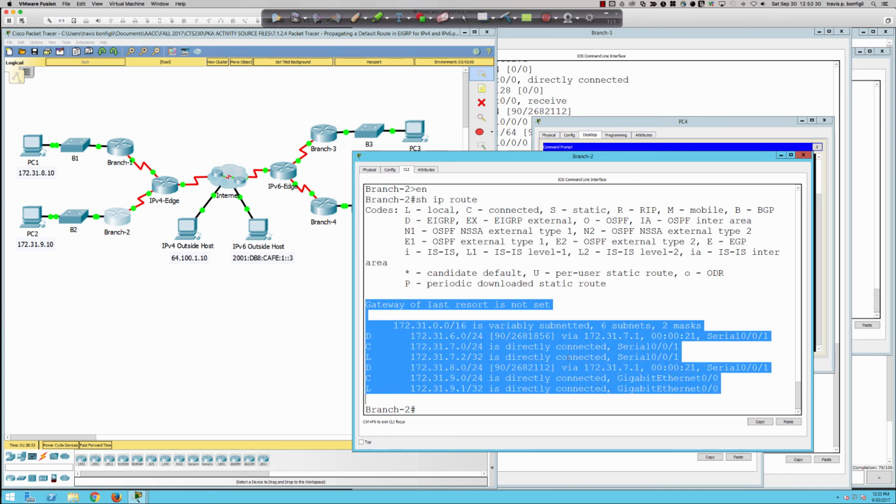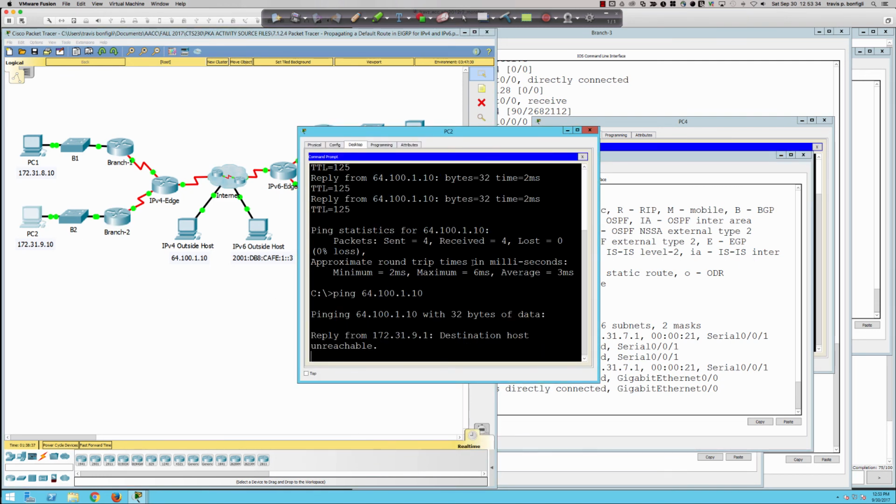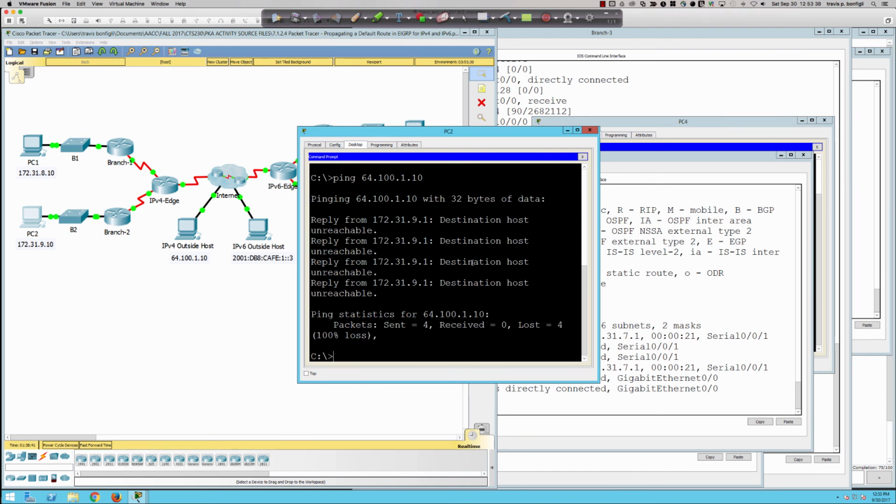So it's not here. So then it would stand to reason that if I come to PC2 now, you got it. Branch 2 is going to say, hey, I've got no idea how to get there anymore because I'm not receiving, via EIGRP, a default route that was statically configured on the IPv4 edge router.